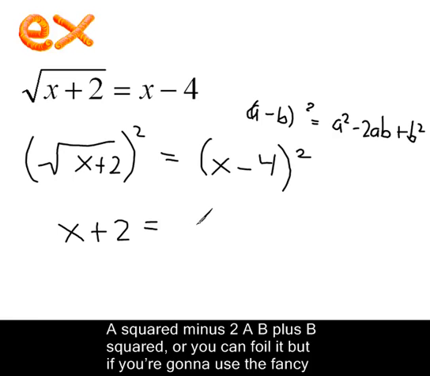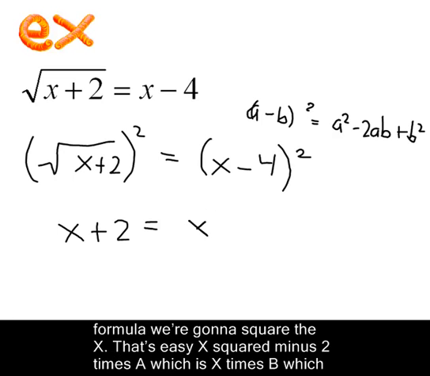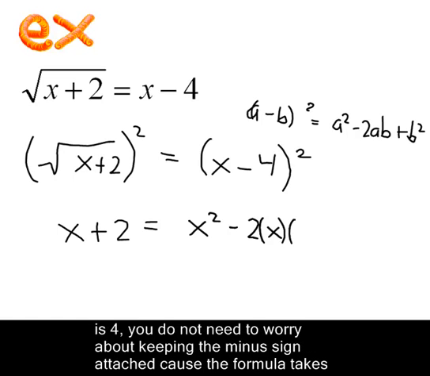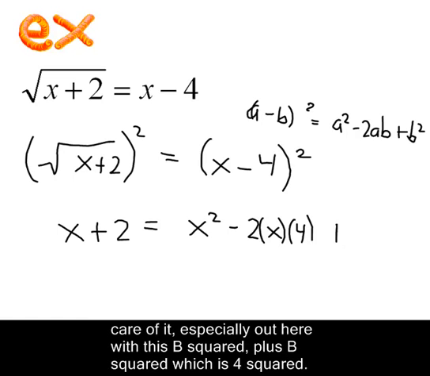But if you can use the fancy formula, we're going to square the x. That's easy. x squared minus 2 times a, which is x, times b, which is 4. We do not need to worry about keeping the minus sign attached because the formula takes care of it, especially out here with the b squared, which is 4 squared.